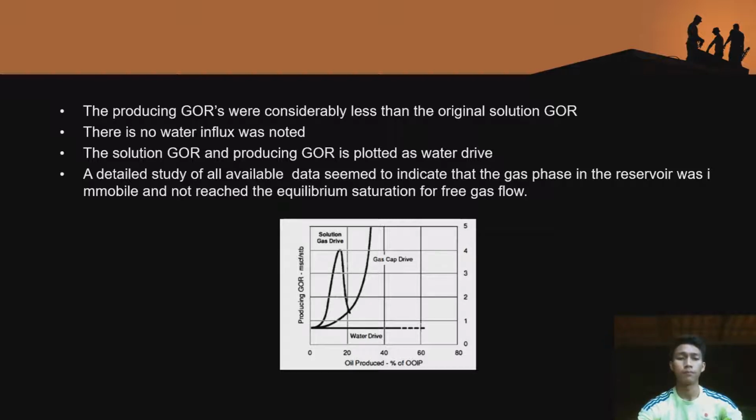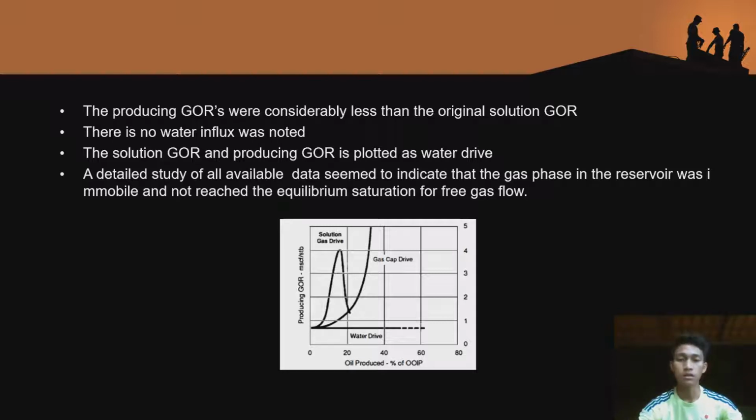From the data, why is it indicated that no water influx was noted? And it is indicated that the solution GOR and the producing GOR plotted are considerably the same as water drive. In water drive, the producing GOR may remain approximately at the solution GOR if the reservoir pressure is maintained above bubble point pressure.